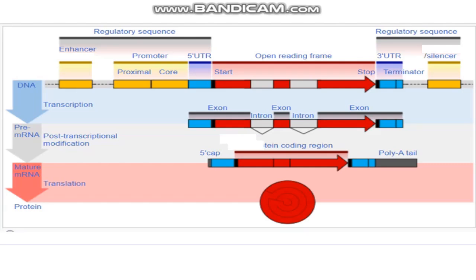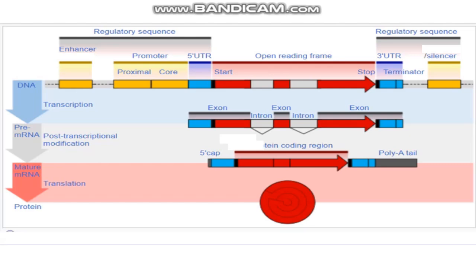Basically, these regulatory sequences control the level of expression of structural genes. Enhancers are the DNA sequences which increase the expression of a gene when they are bound by transcription factors, and the promoter is the binding site for transcriptional machinery.